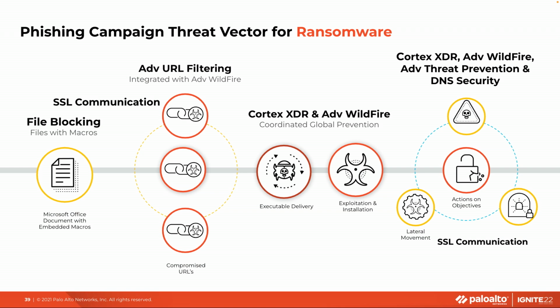Now, Cortex XDR agent, WildFire, threat prevention, and DNS security combine to break the kill chain by blocking the lateral movement and C2 traffic. XDR also protects the endpoints with WildFire, analyzing and detecting all unknown threats across every stage of the attack. As you can see, the combination of all these services with SSL decryption create the zero trust architecture that delivers protection at every step of the ransomware attack.